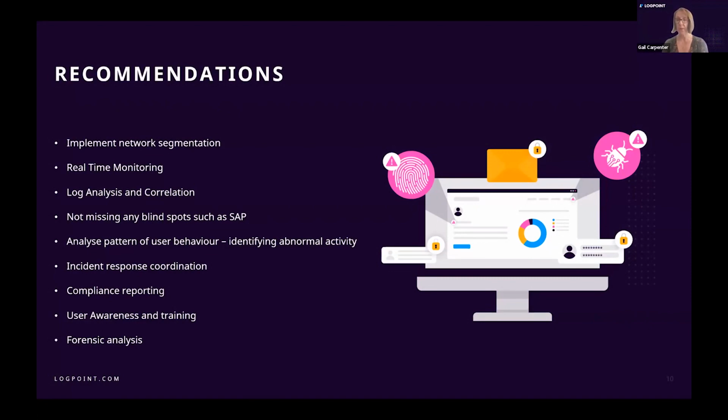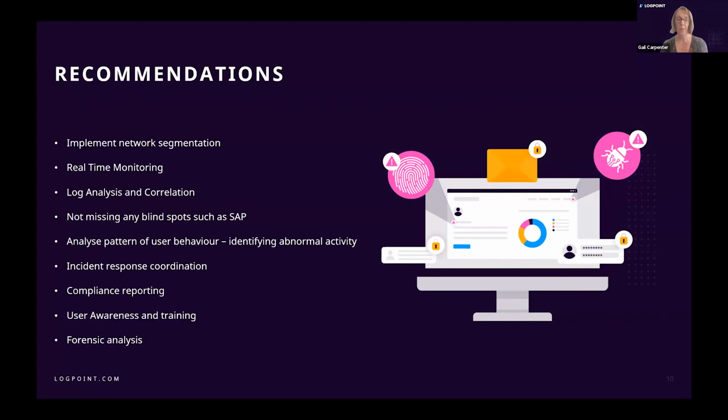A good example of this is SAP. Another area that is recommended is to analyze the patterns of user behavior. Again, this is very prominent for insider threats. So identifying abnormal activity with users, for example, if they're coming in the middle of the night and downloading a large amount of data, could be a red flag to a security expert.